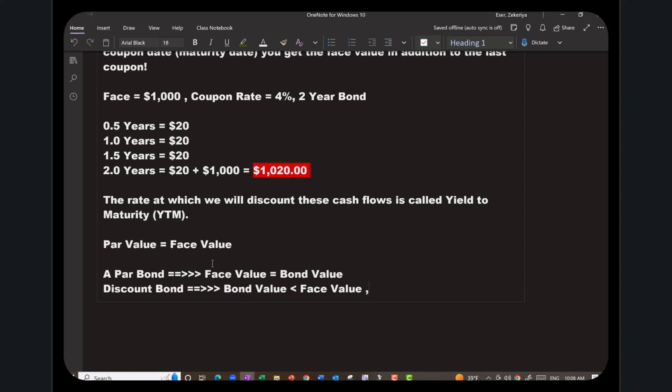This, by the way, is equivalent to coupon rate being less than yield to maturity.